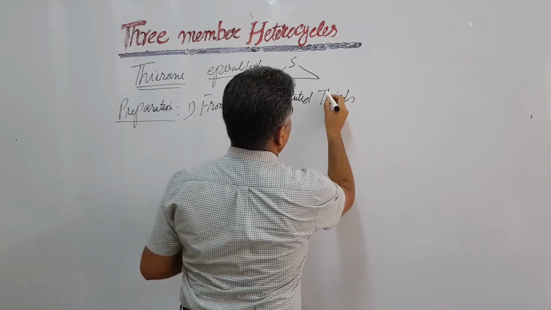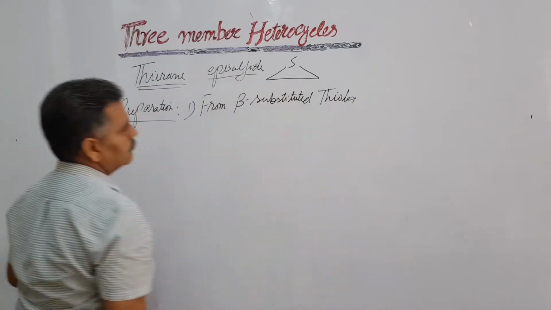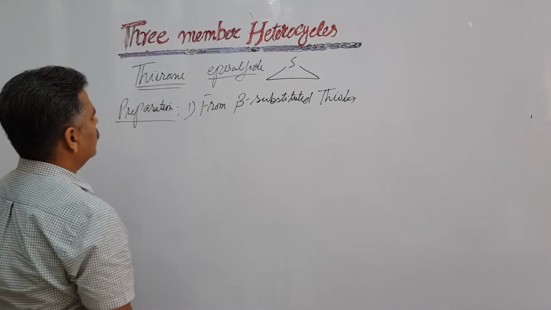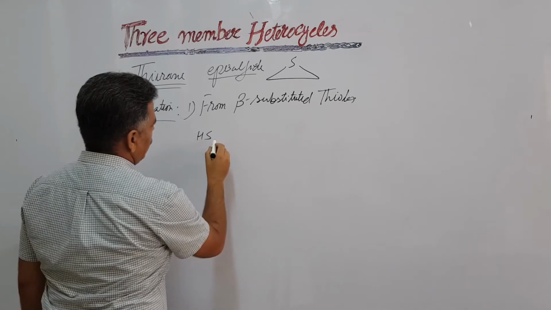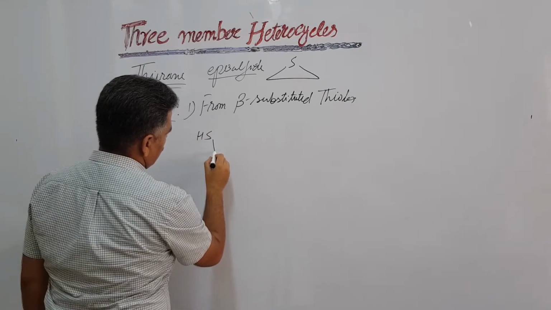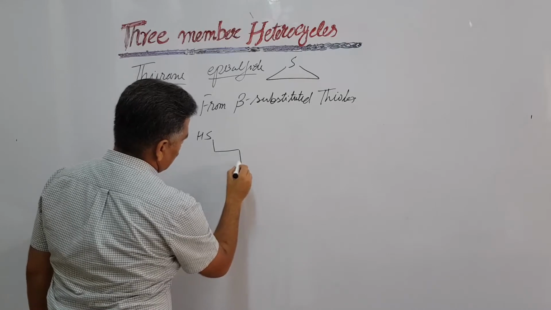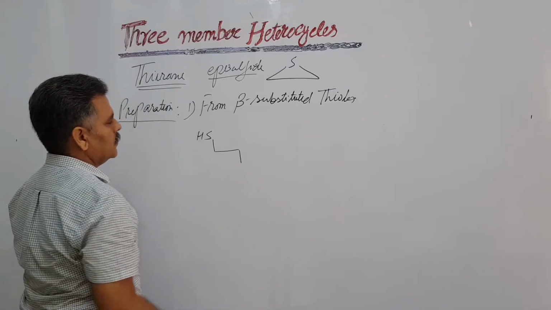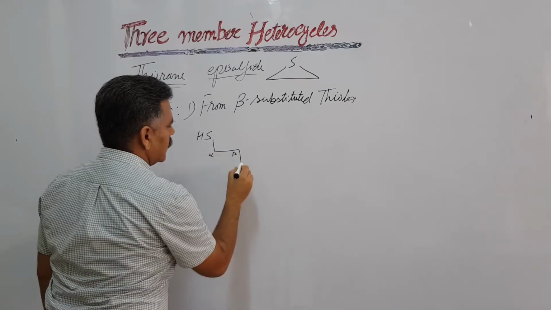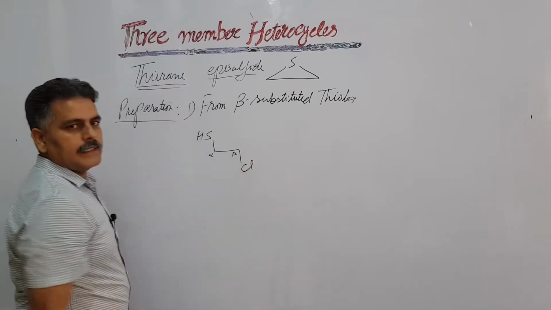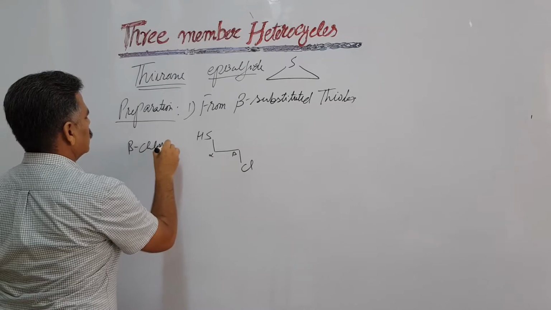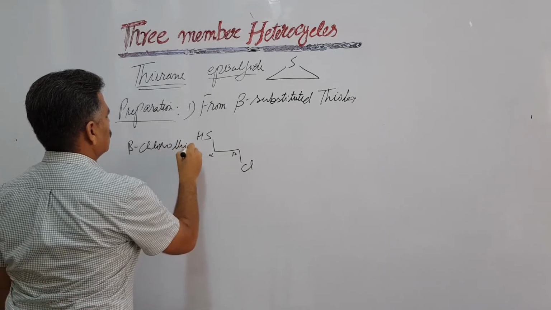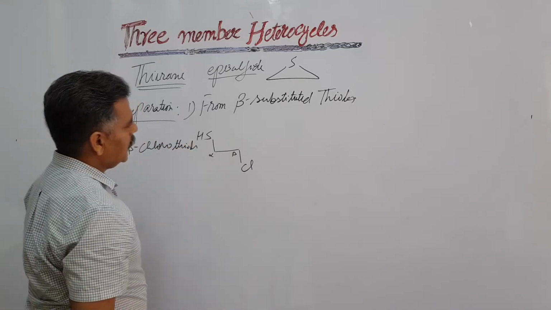Beta substituted thiols. So we have SH and we have alpha carbon and beta carbon. Here we have substitution. It is alpha and beta. Here if we have Cl, then it is beta chlorothiols.